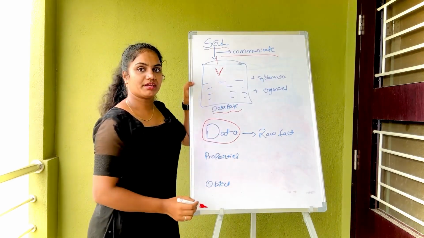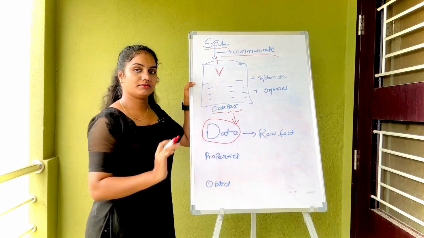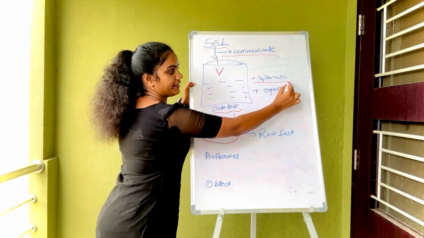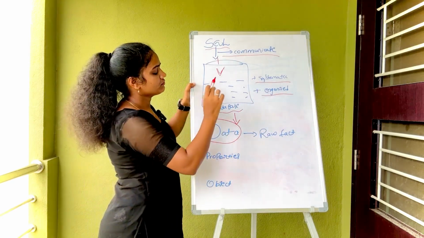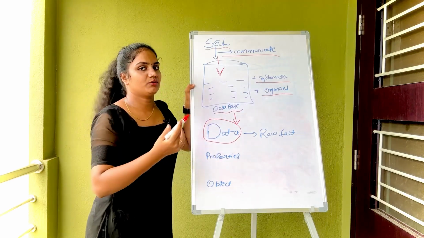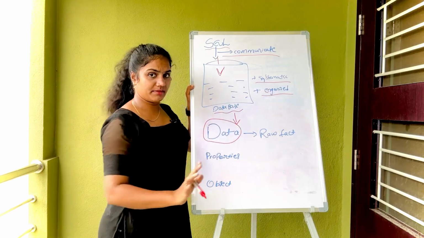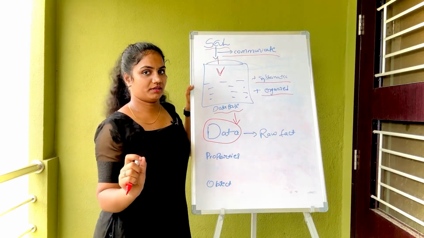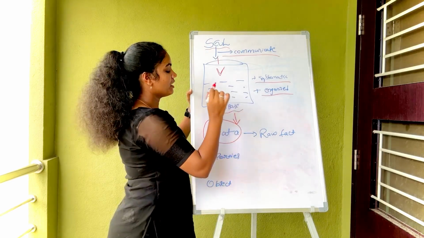Inside the database, we will store the data, right, in a systematic and organized manner. We can store the data in our own way. We should store the data in systematic and organized manner only and properly. So we should follow that.